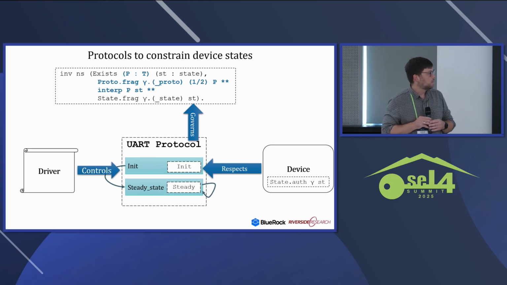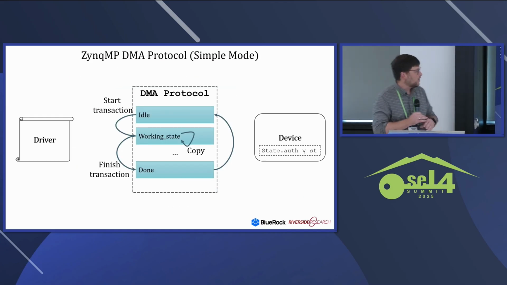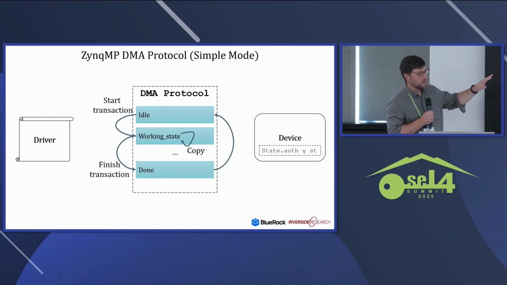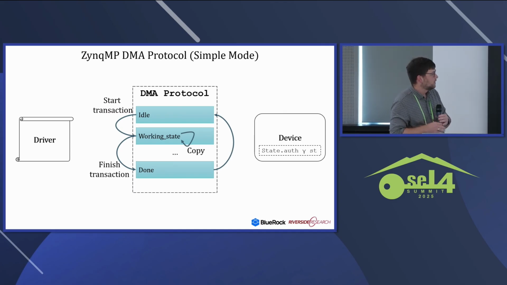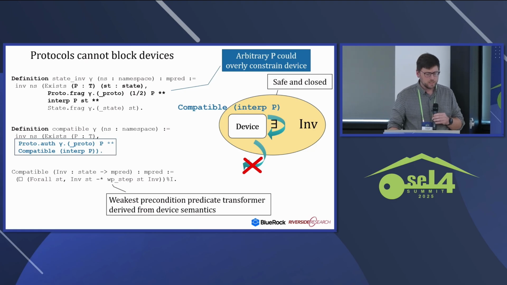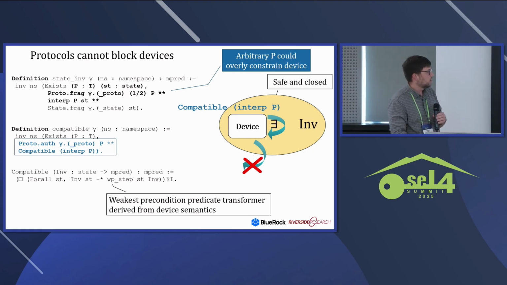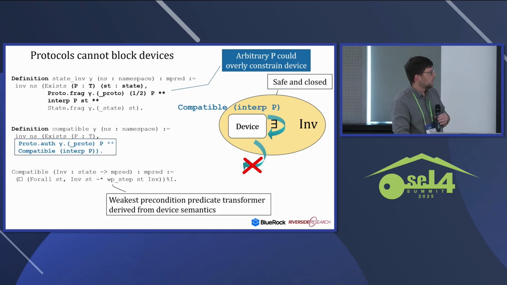So one thing that could go wrong is that this invariant that we build for our DMA device might not have enough resources to allow the device to actually take steps to perform a copy. This would be a bad situation that we want to prevent. So what we're going to do is impose an additional condition on the protocol that we've defined, which we call, with a generic name, compatible.